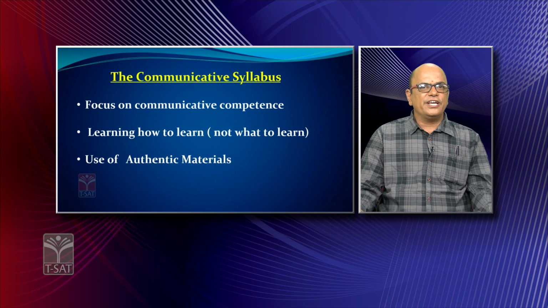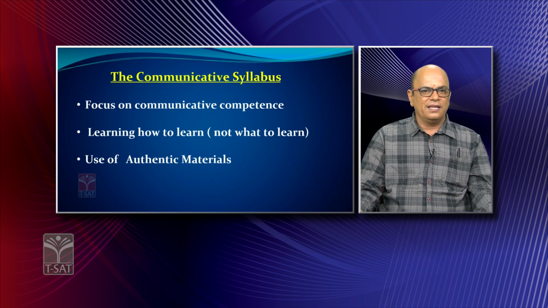And the other type of syllabus is the communicative syllabus, and it is quite opposite to the first one. The focus is on communicative competence, and the learners are expected to use language in various situations, learning how to learn, not what to learn, and the use of authentic materials.